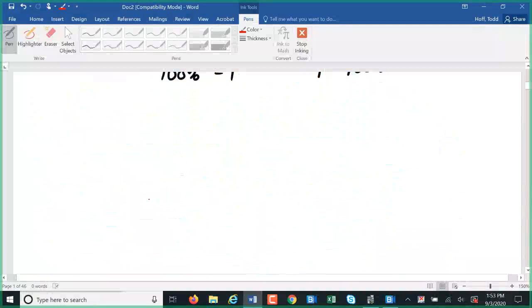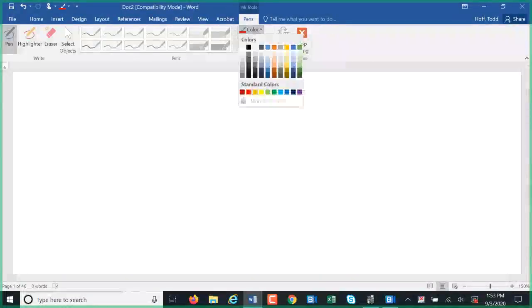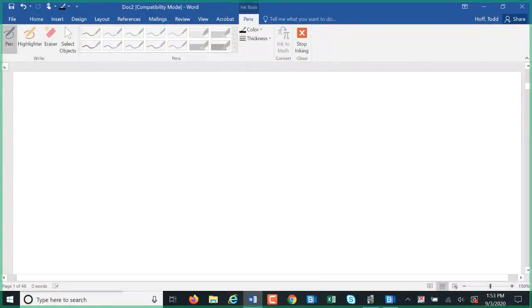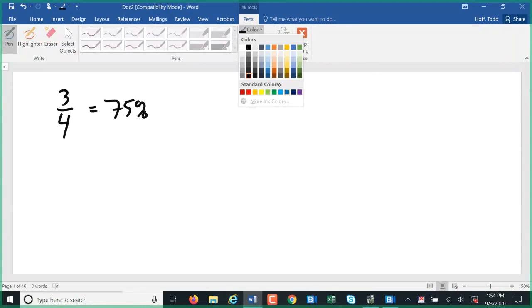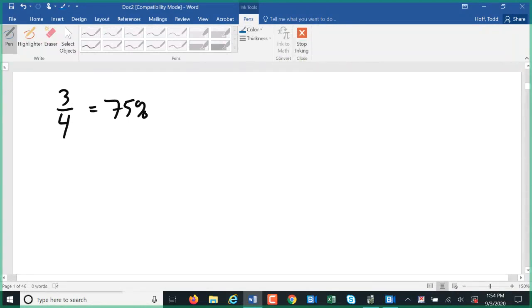Well, our last big function here is converting our fractions back into a percent. Let's start out with one that we all know. Most of us know that 3/4 is 75%. Pretty simple. If we didn't know that, we have a couple of routes we could have taken.